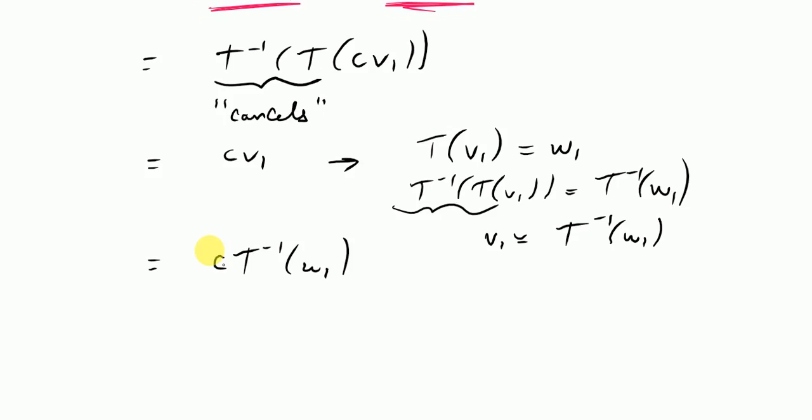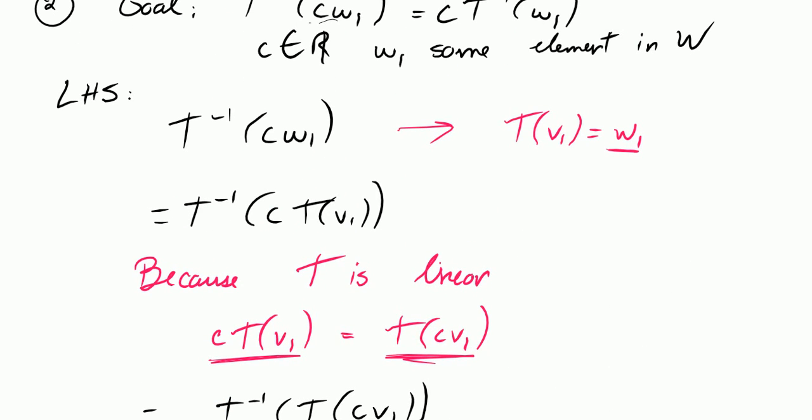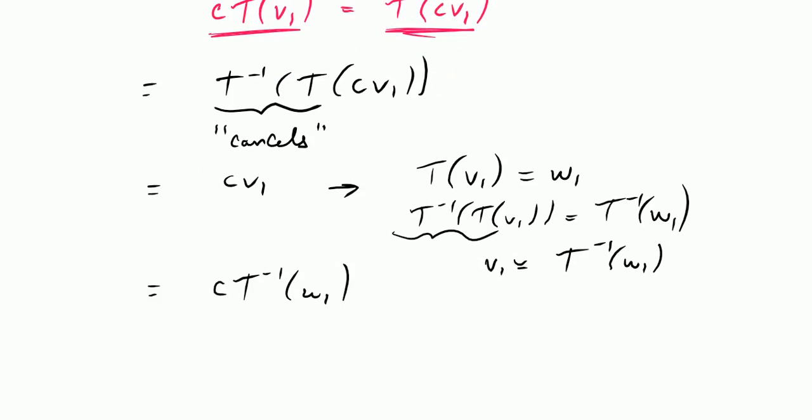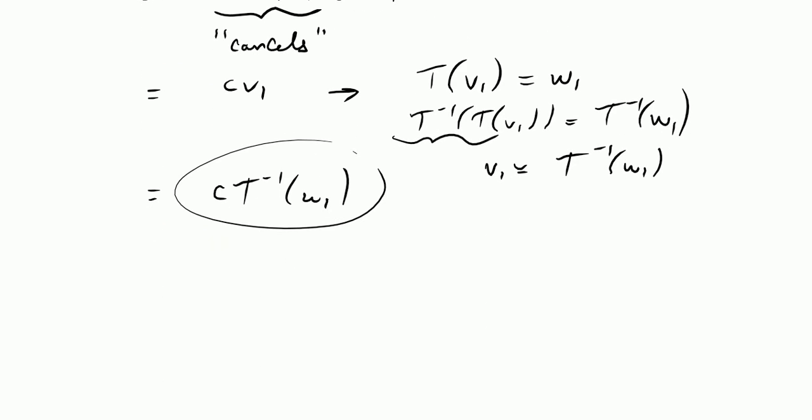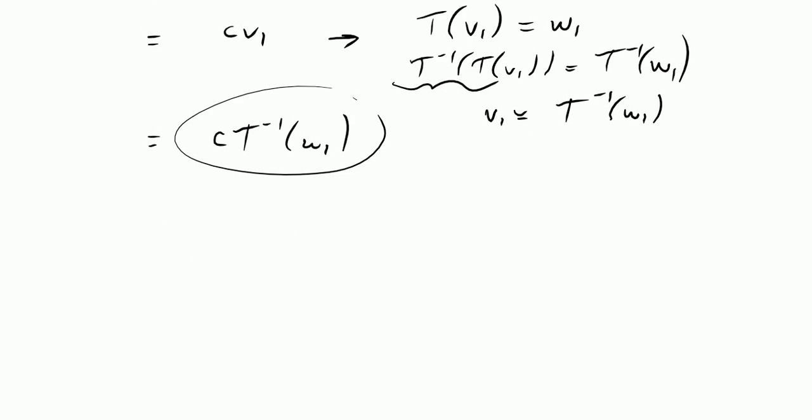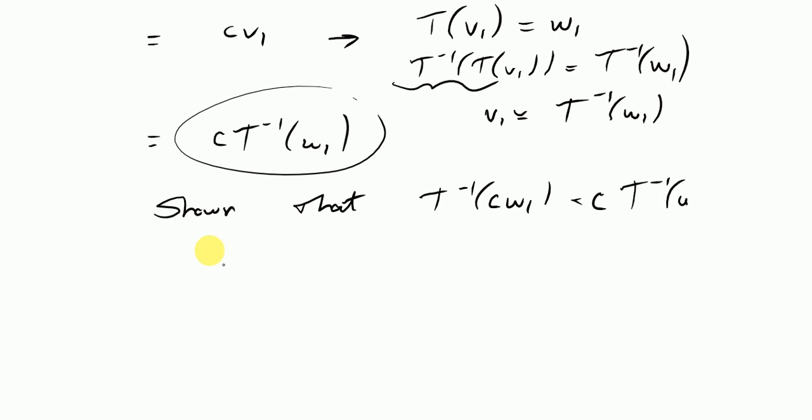So notice that I started with T inverse C W1, and my result is C times T inverse W1. So I've shown that T inverse C W1 is equal to C times T inverse W1.